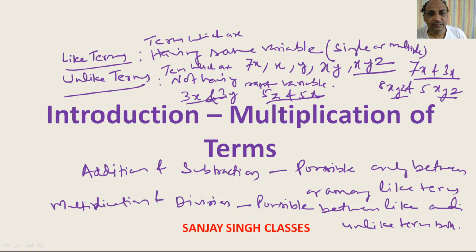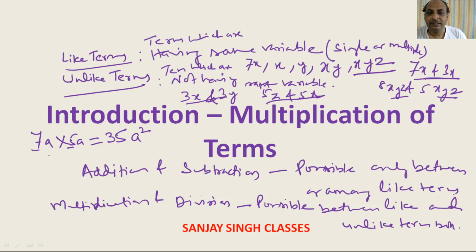Okay, now I am going to tell about multiplication of terms. If 7a is given to us and another one we are given 5a, the coefficient will be multiplied as usual, so it will become 35, and then a into a will make it a square.